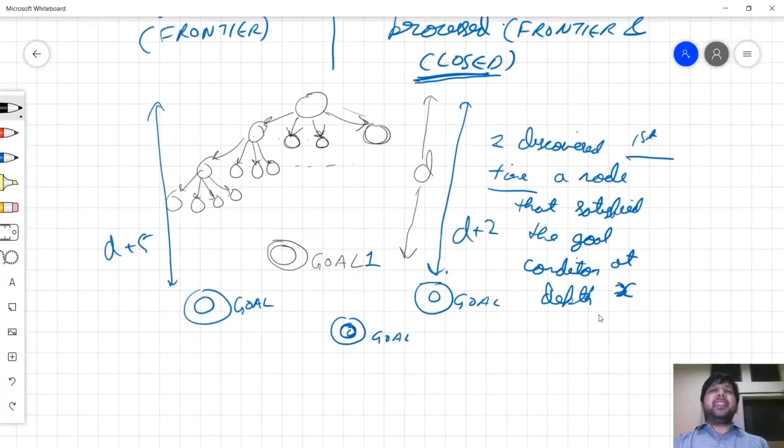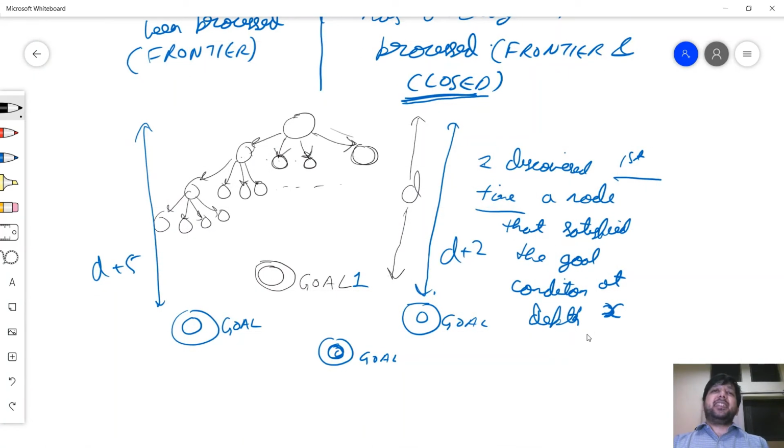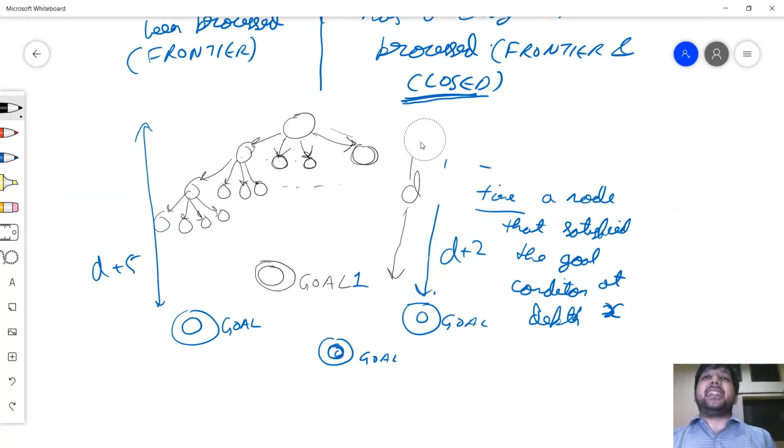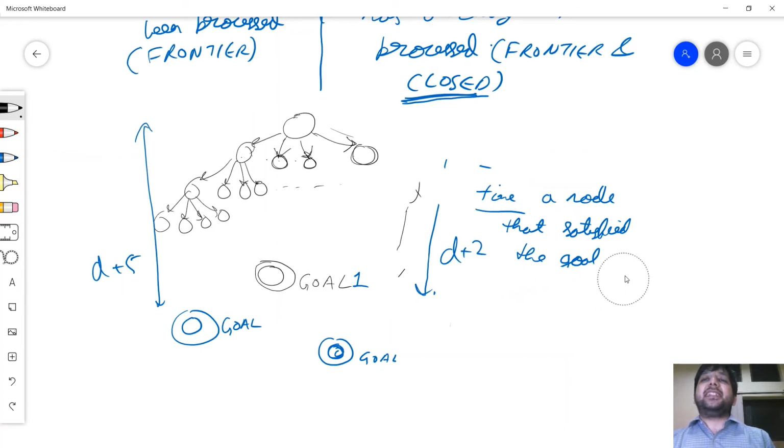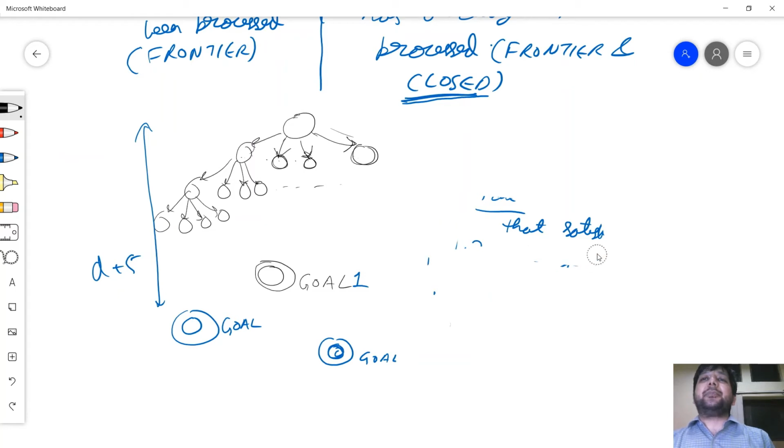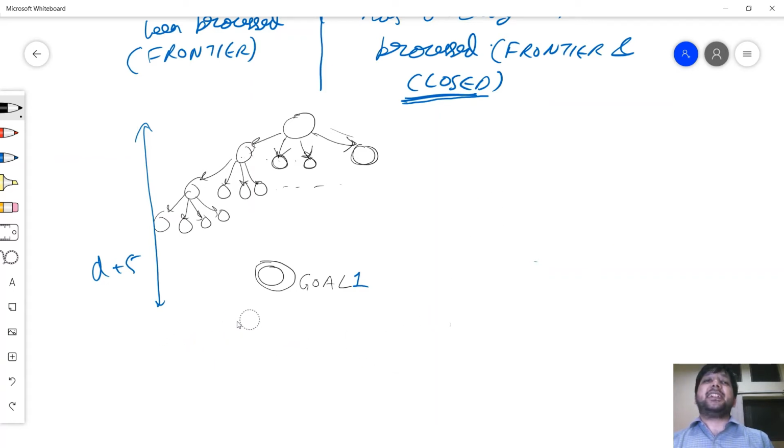So the more interesting property is to deal with complexity. I'll deal with two types of complexity here, the memory complexity as well as the time complexity. Let us do the time complexity first, and let's calculate how much effort we have spent.